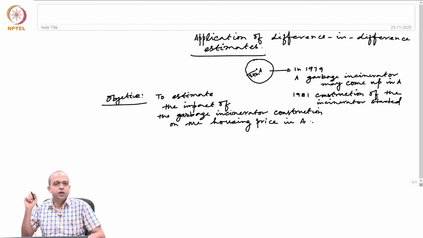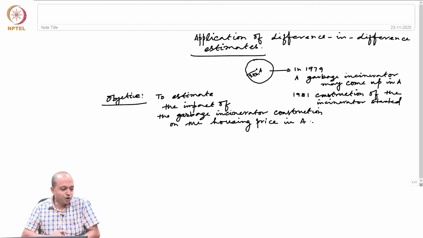Now, if this is the objective, then how can you apply a dummy variable model to test the impact of this garbage incinerator?